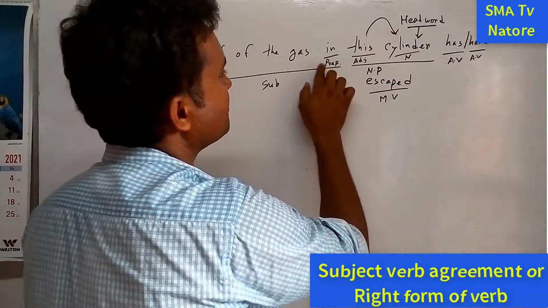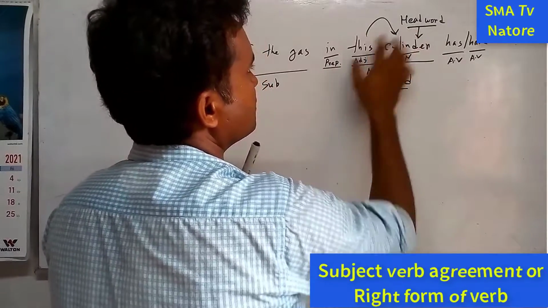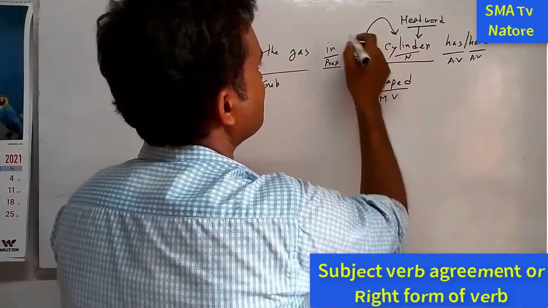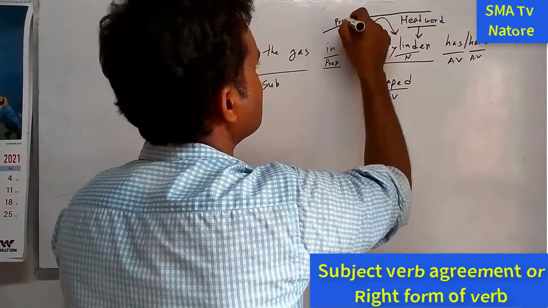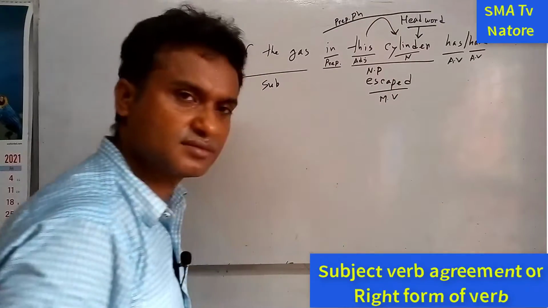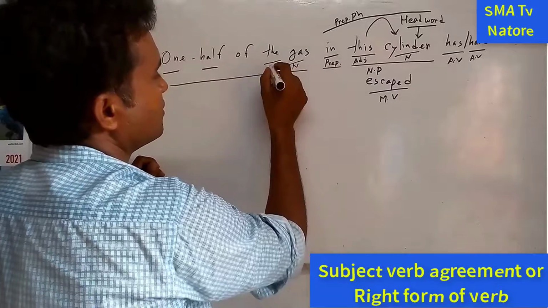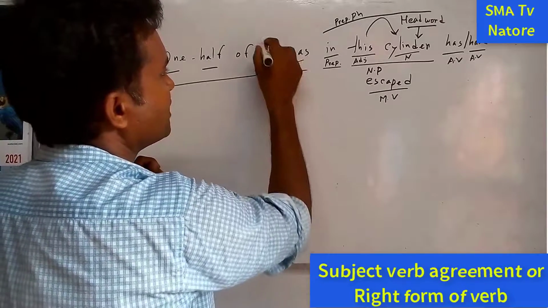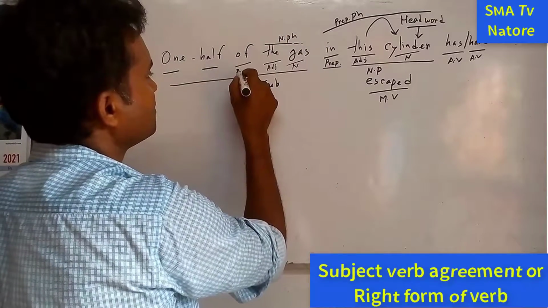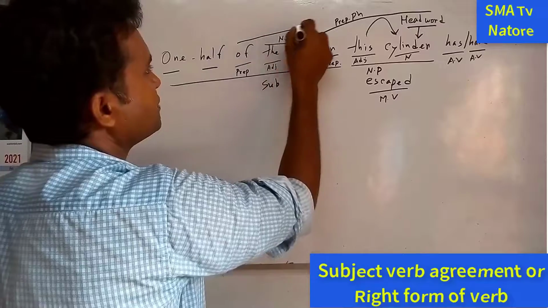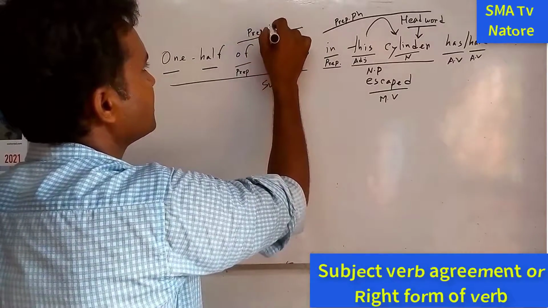But here, this is the preposition, so from here to there we can say it is a prepositional phrase. Next one: this is also a noun, this is also an adjective, and from here to there is a noun phrase. This is the preposition, and from here to there is a prepositional phrase.